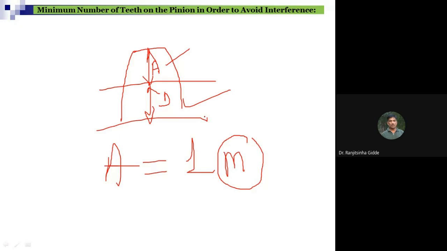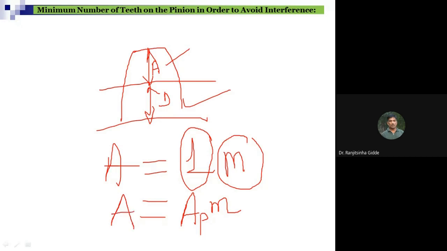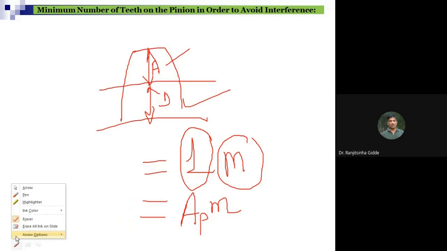Now, if I write here one term and name it as AP into M, and here it is addendum. So instead of this, I will write addendum so you will not have any confusion.